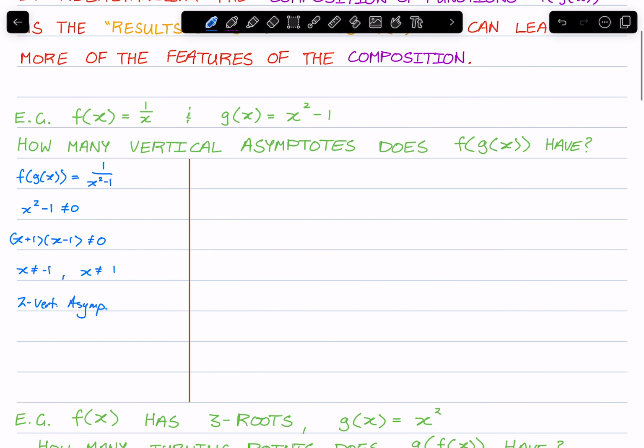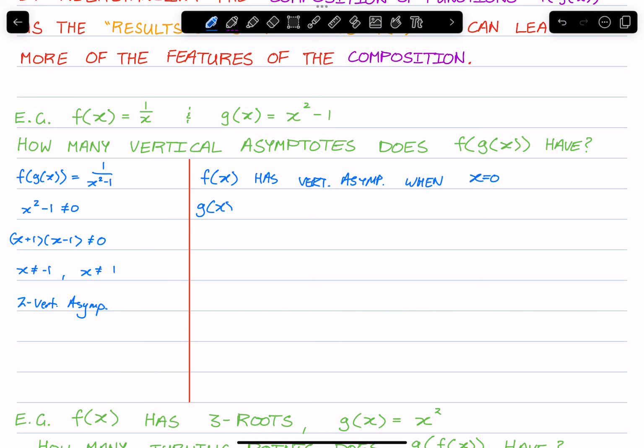So f of x has vertical asymptotes when x equals 0. So when this equals 0, we get vertical asymptotes.